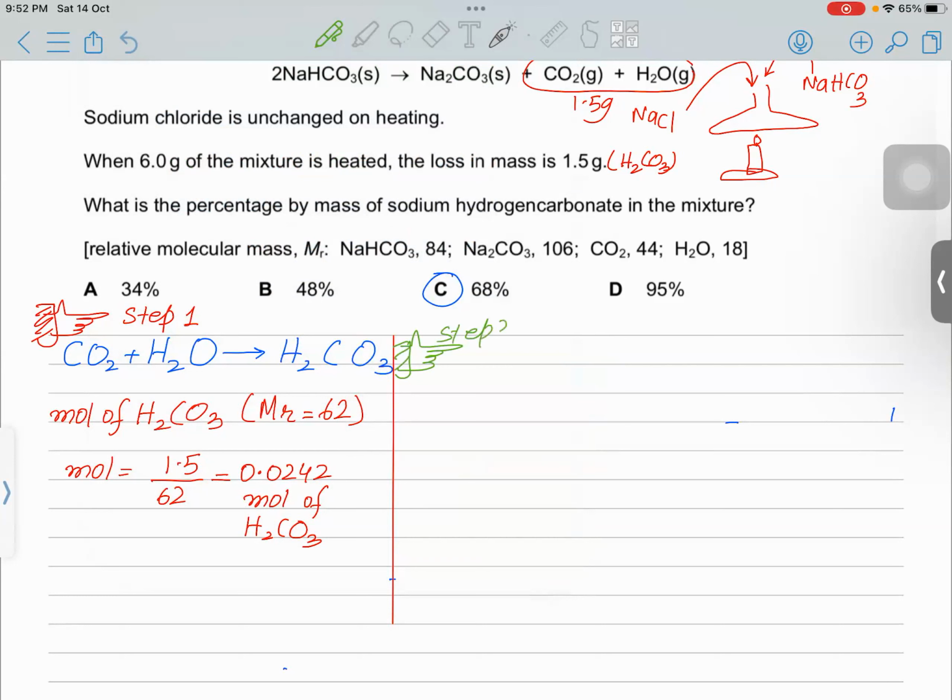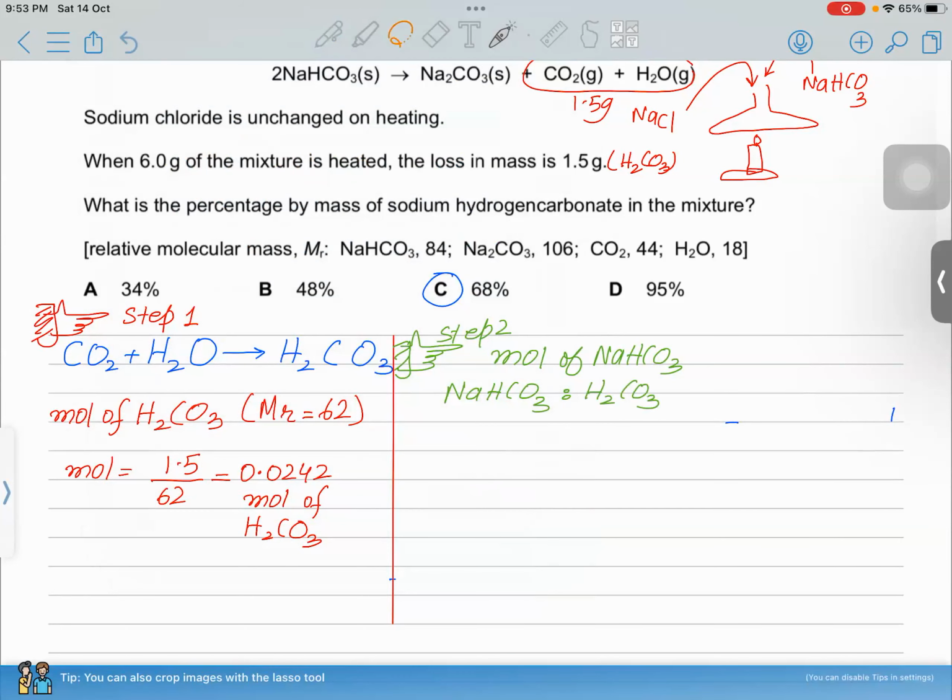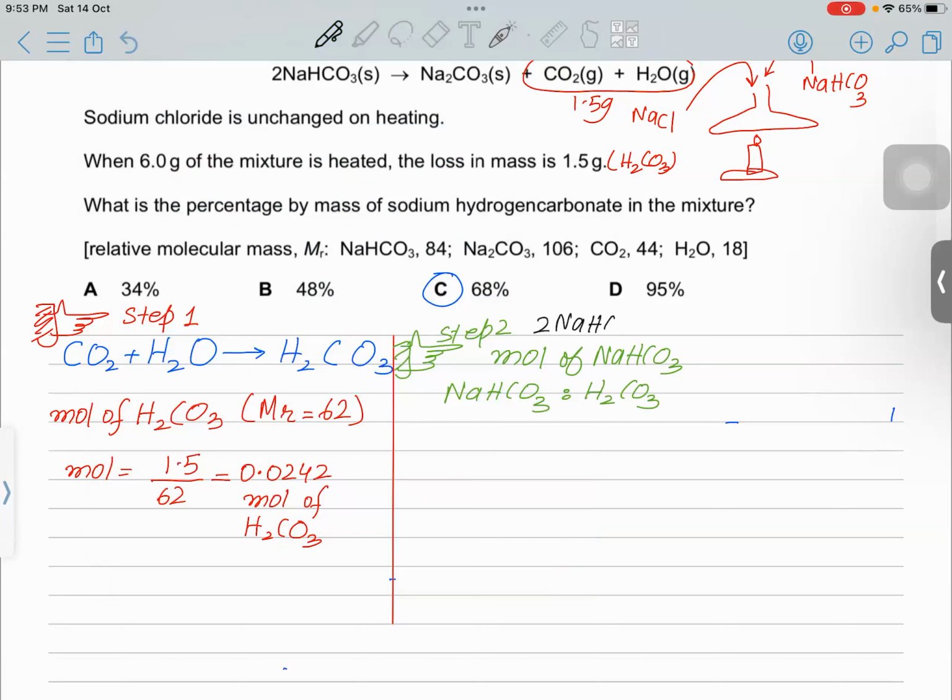Now step 2 is, this is the easiest way, right? Mole of NaHCO3. So NaHCO3 ratio H2CO3. First of all, write the equation again. 2NaHCO3 gives sodium carbonate plus H2CO3.